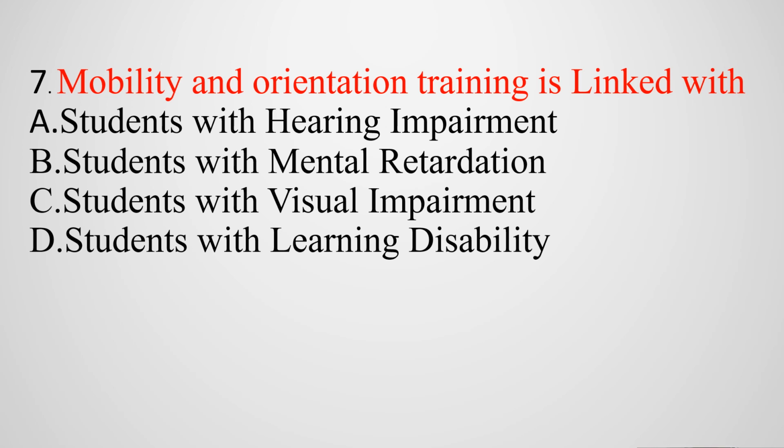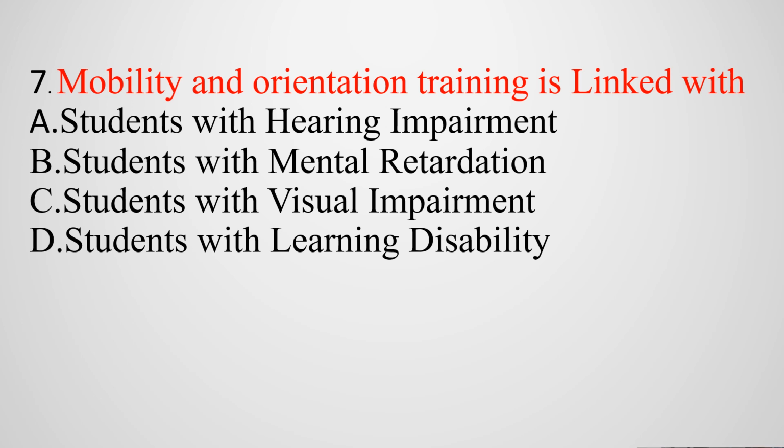As per given options, we need to opt for the appropriate one. So who is suffering from hearing impairment means they could not hear properly. Those are required mobility orientation training.